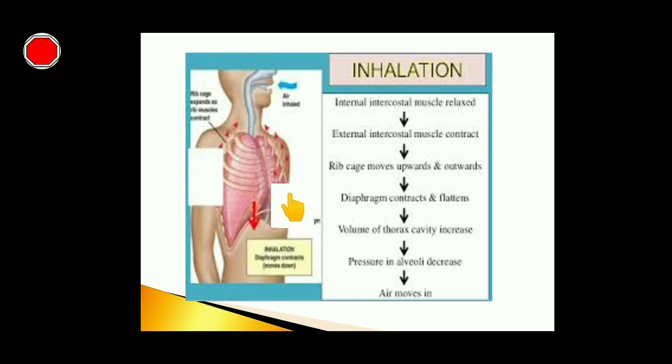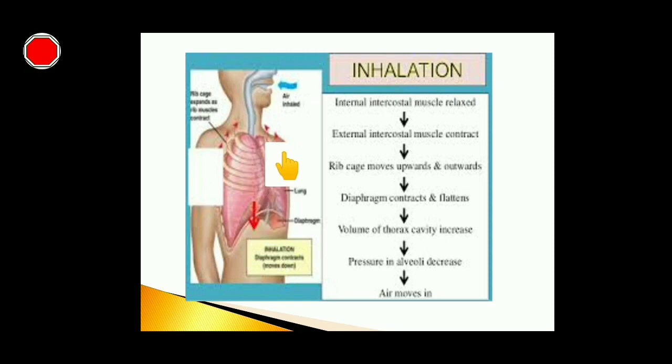So when the rib cage moves upwards and the diaphragm becomes flat, what will happen? The volume of the thoracic cavity will increase. Henceforth, the volume of lungs will also increase, meaning there will be spaces in lungs, in alveoli.